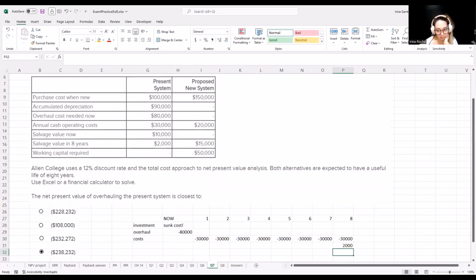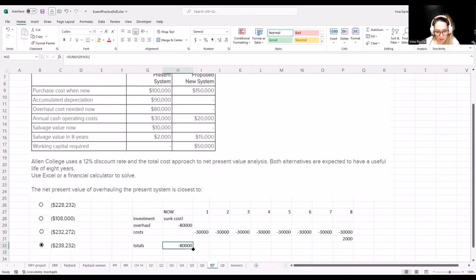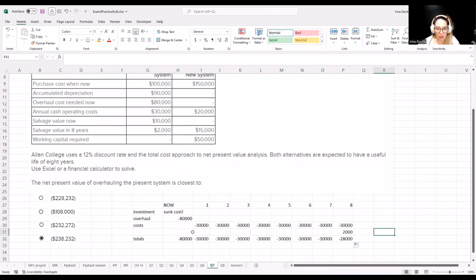Because I am getting it back. Okay, so continuing here, if I do my totals, these above, and then just put it there. Right now it's gonna cost me 80,000, and in the last year it costs me a little bit less because I'm gonna get back the money from selling the machine, right? So what is the present value of all of these outflows?